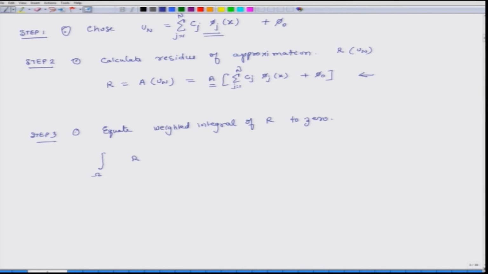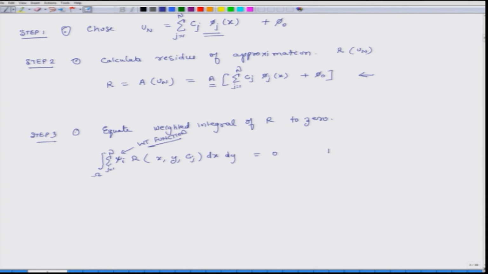My r depends on un, so it is a function of x, y, Cj, dx, dy, and I am going to multiply it by some weight function psi. So, this is my weight function. And this I equate to 0. And of course, I forgot I have to sum it over j equals 1 to n.